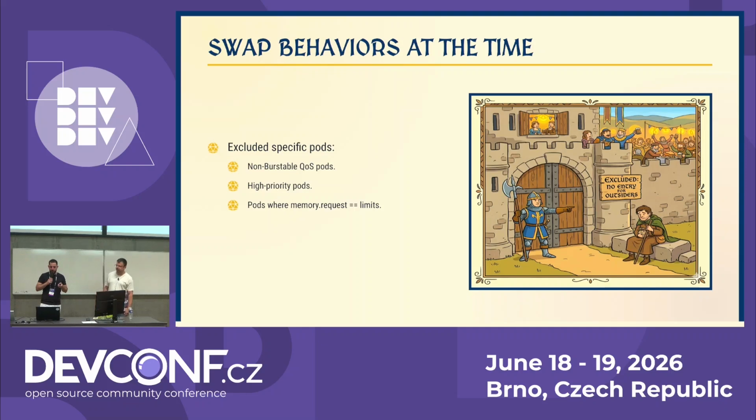There were some exceptions to that. Pods with burstable QoS, or high priority pods, or pods with memory limits equal to the memory request, are excluded from using swap for many reasons, but we wanted to stay as similar as we can to the Kubernetes implementation, so that's what we tried to do.